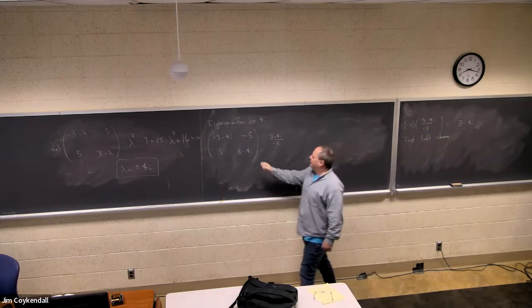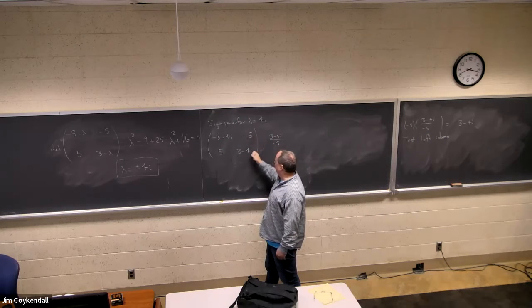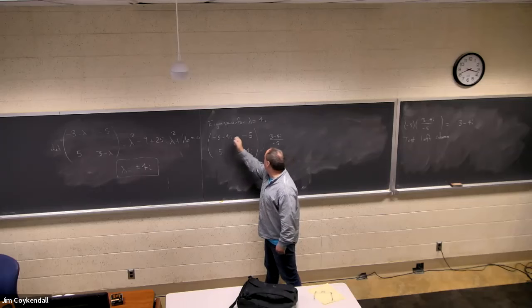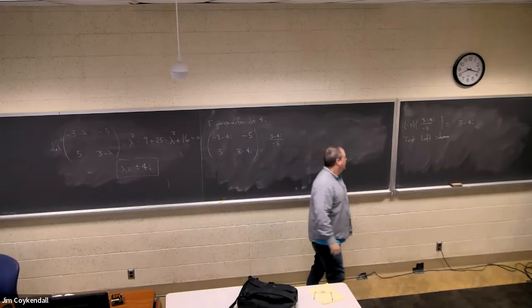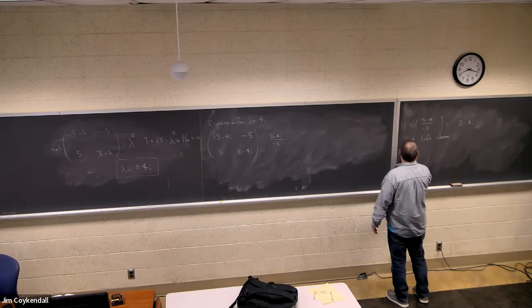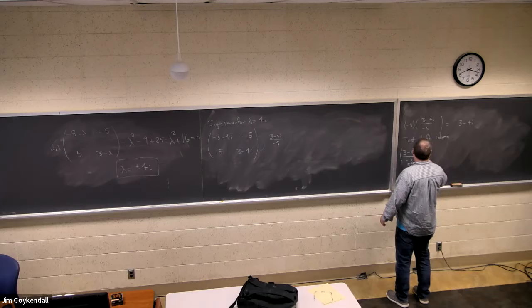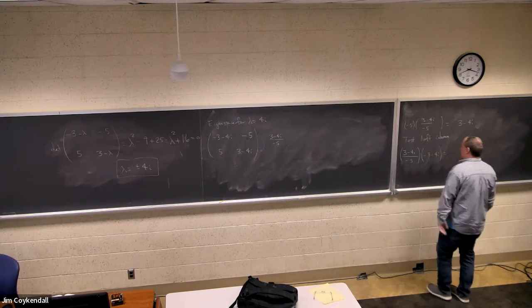Let's see if this also works. I multiply this by this, and I get this thing right here. Let's make sure that multiplying this by this gives me that. All right, well, let's see. 3 minus 4i over negative 5 times minus 3 minus 4i. Let's see what this is.